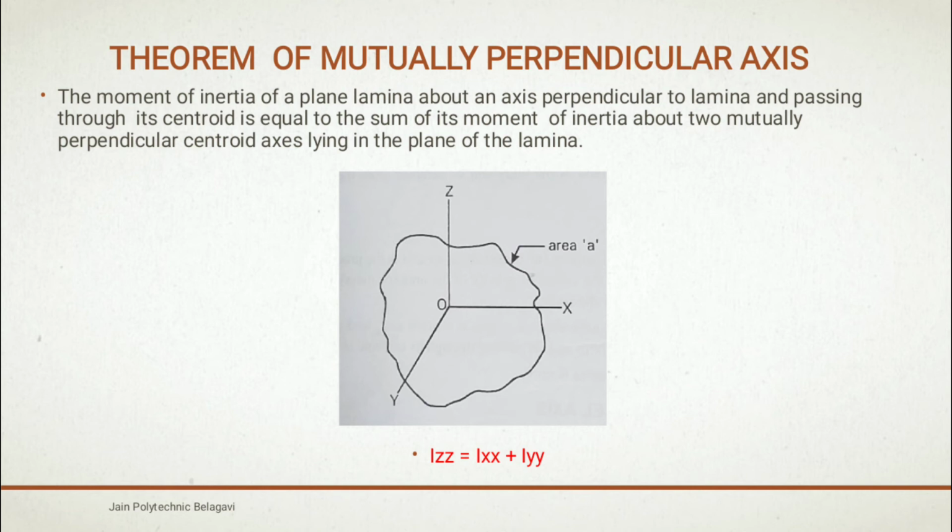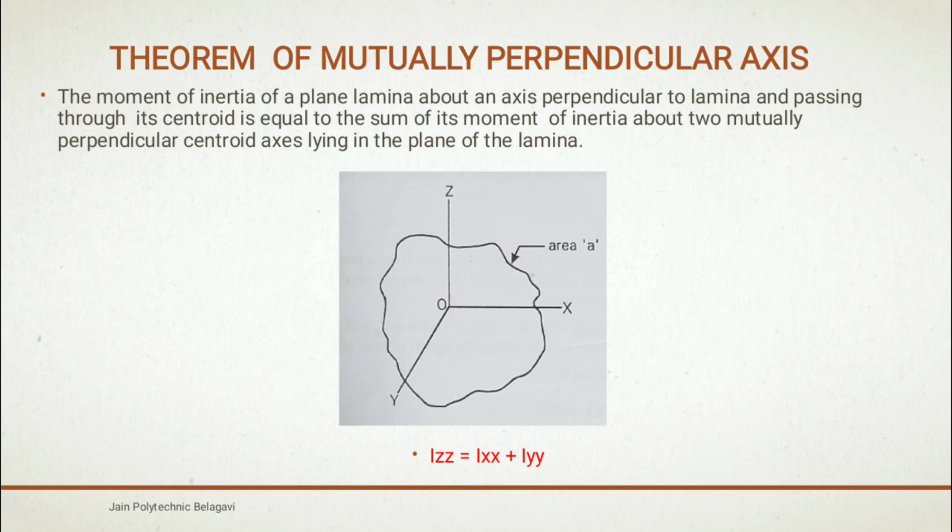The moment of inertia Izz means the moment of inertia about the OZ axis, that is the z axis, perpendicular to the plane and passing through the intersection of the xx and yy axes. It is given by the formula Izz equals Ixx plus Iyy. What does it say?